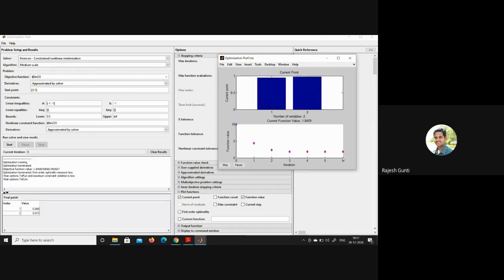These are the iteration values. After 6 iterations we reach the optimization value. After 6 iterations we got the solution. This is our solution, 1.84, 1.8487 like this.